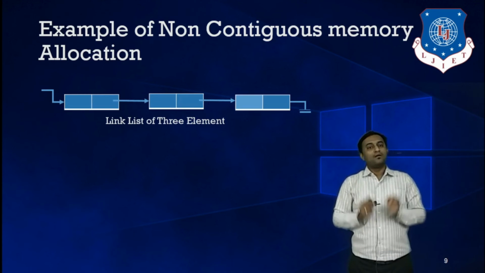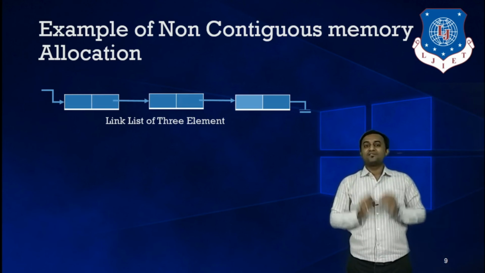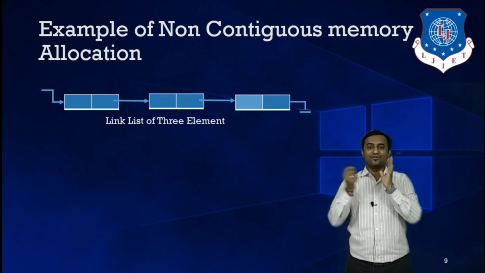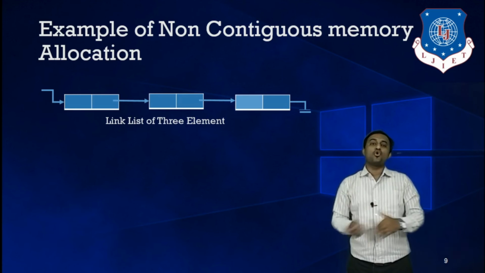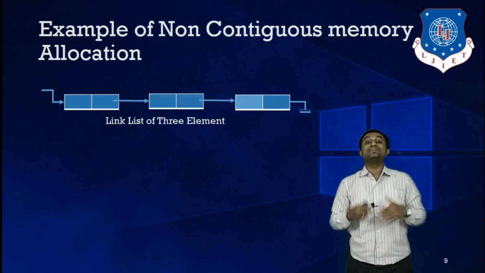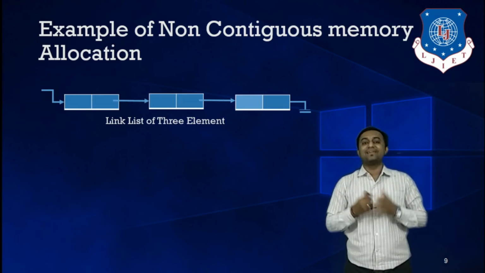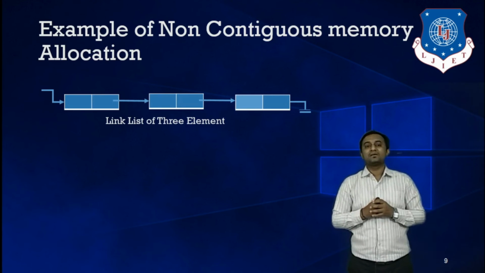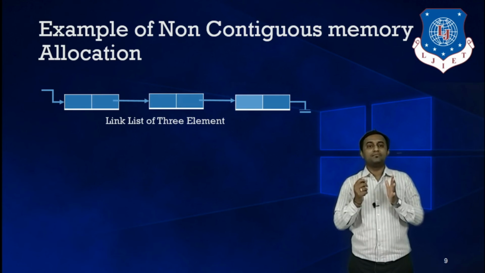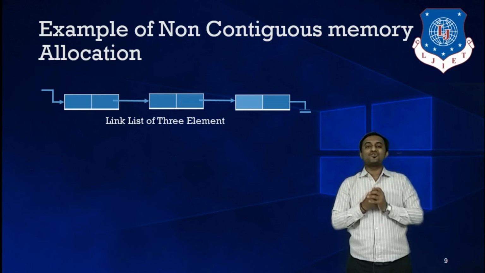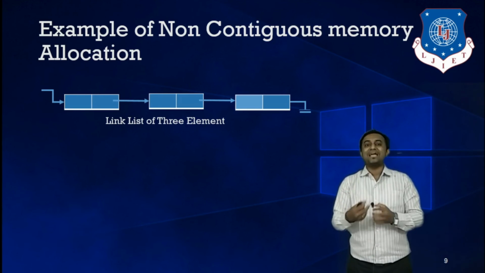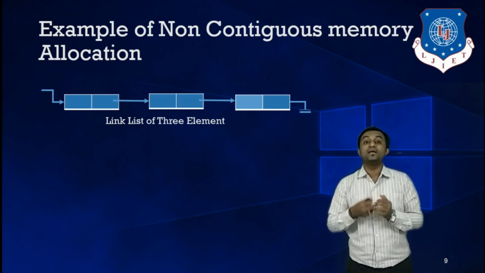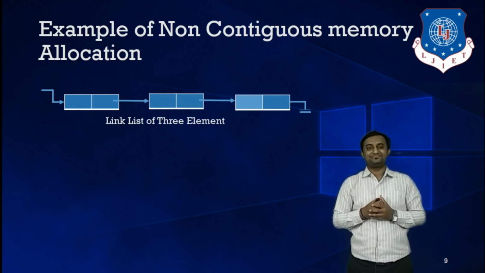You need to have the address of the first node. The first node will give the address of the second node, and the second node will give the address of the third node, and so on, until you reach the desired element. So that is the main drawback of non-contiguous memory allocation: the searching time, or access time, is very slow.